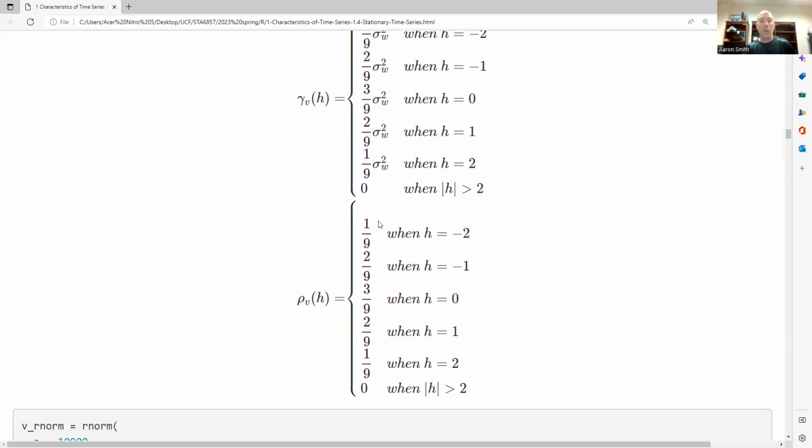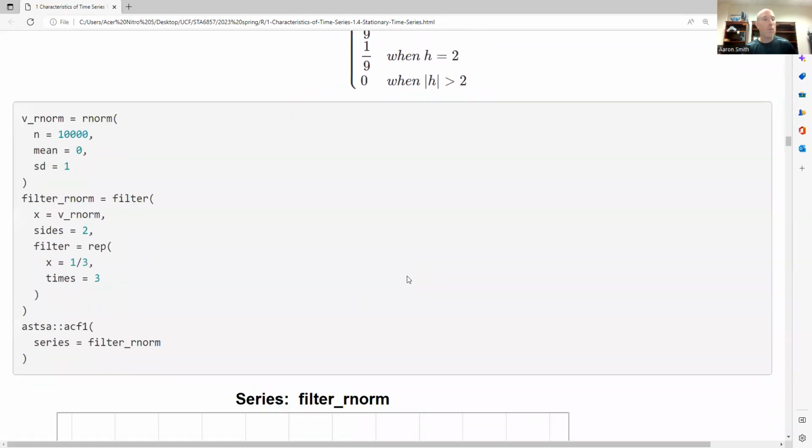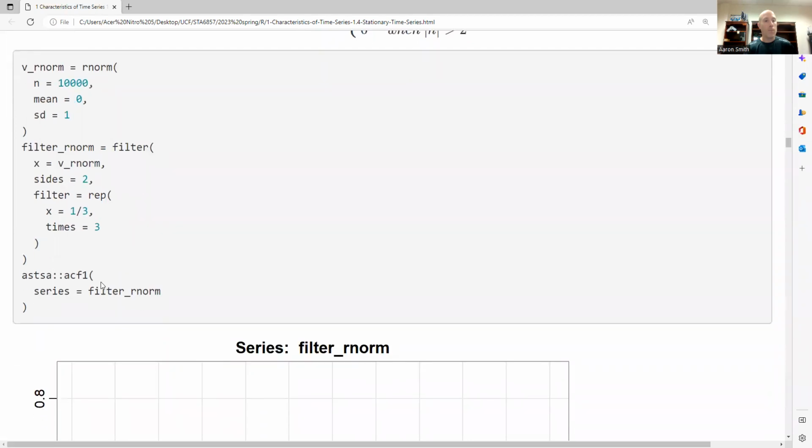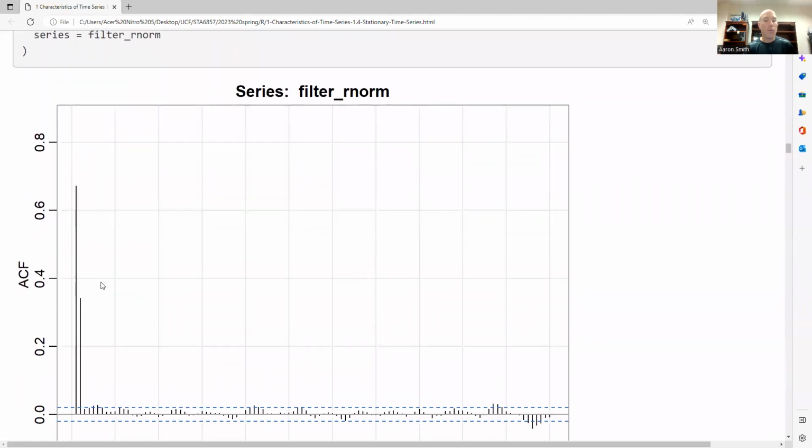And here is the correlation. All right, so let's take a look at an example of this.